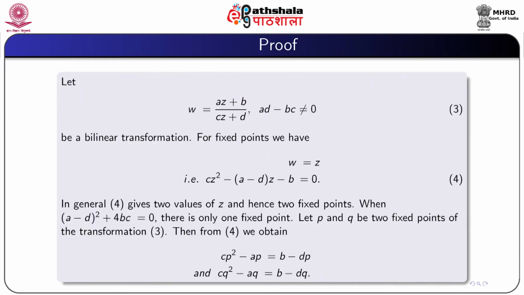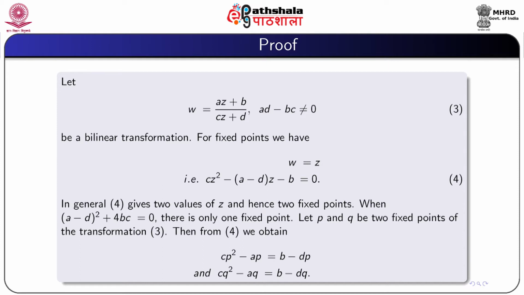Proof: let w = (az + b)/(cz + d), ad − bc ≠ 0, be a bilinear transformation. For fixed points, we have w = z, that is cz² − (a − d)z − b = 0. In general, this equation has two values of z and hence two fixed points.